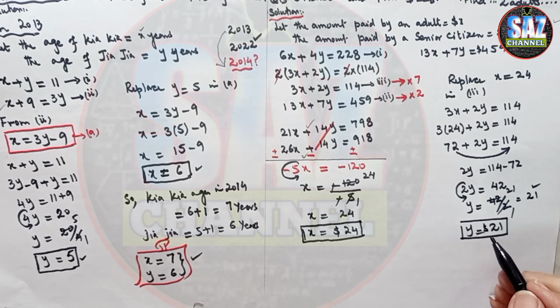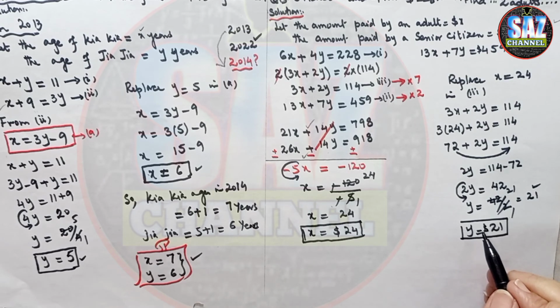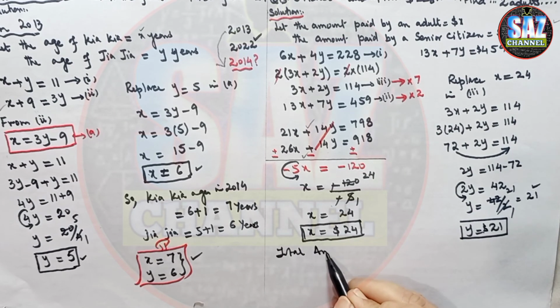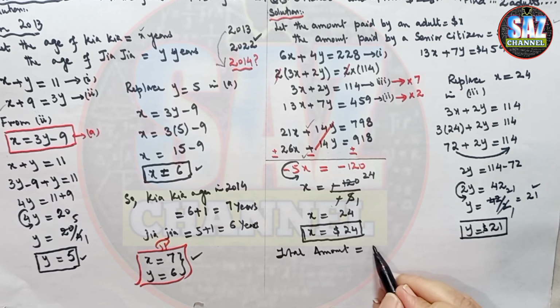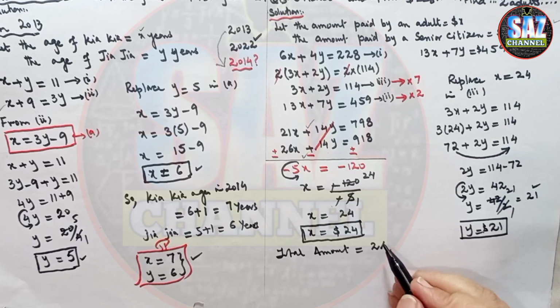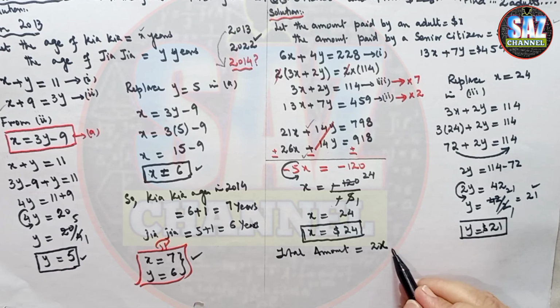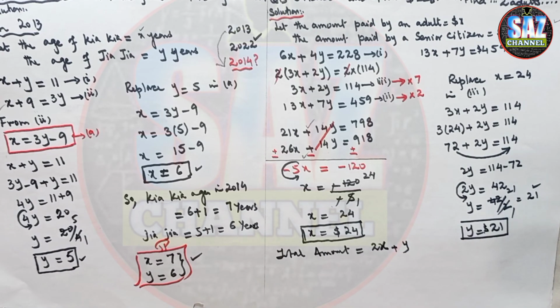Now the question says, find the total amount that 2 adults and a senior citizen has to pay. So the total amount equals to 2 adults. 2 adults means that 2x, because we are supposing the expression for adults x plus senior citizen is y. Now instead of x, 2 into 24 plus 21, that is 48 plus 21, 8 and 1, 9, 4 to 6, 69.